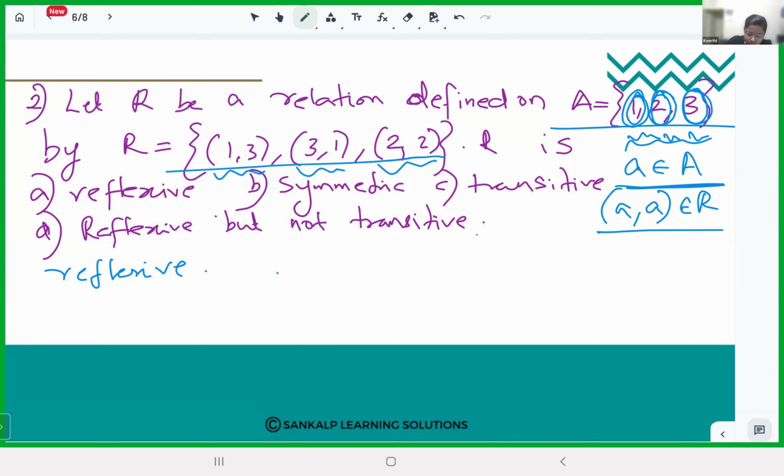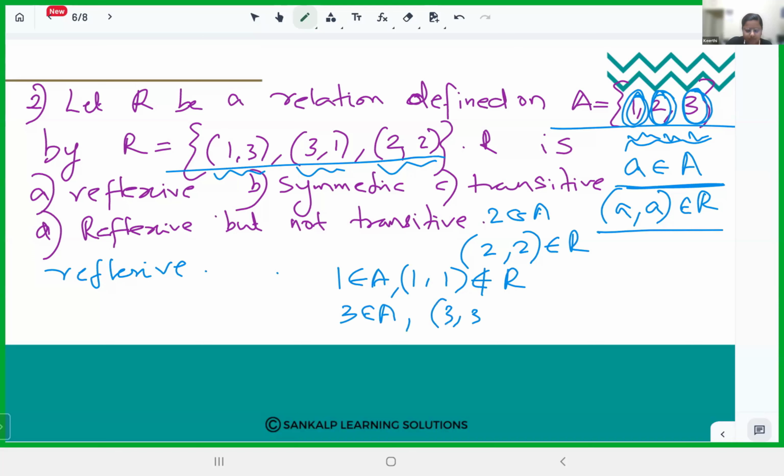Here you can see that since 2 belongs to A, (2, 2) belongs to R. But (1, 1) doesn't belong to R, even though 1 belongs to A. Similarly, 3 belongs to A, but (3, 3) doesn't belong to R. So the relation R is not reflexive.